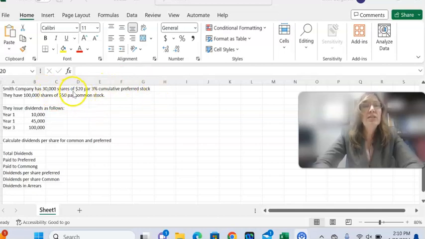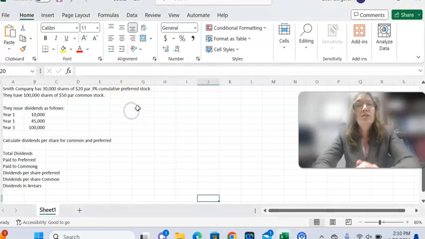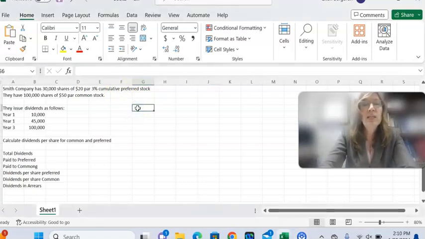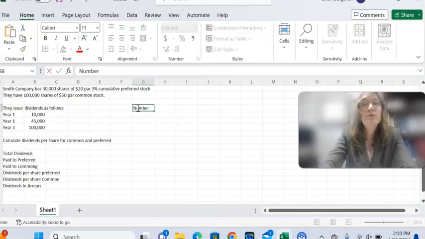That's promised to them in the description of the preferred stock. So it says 30,000 shares of $20 par, 3% cumulative preferred stock. We're going to calculate the amount of dividends that we want to give out by saying number of shares times par value times percentage.